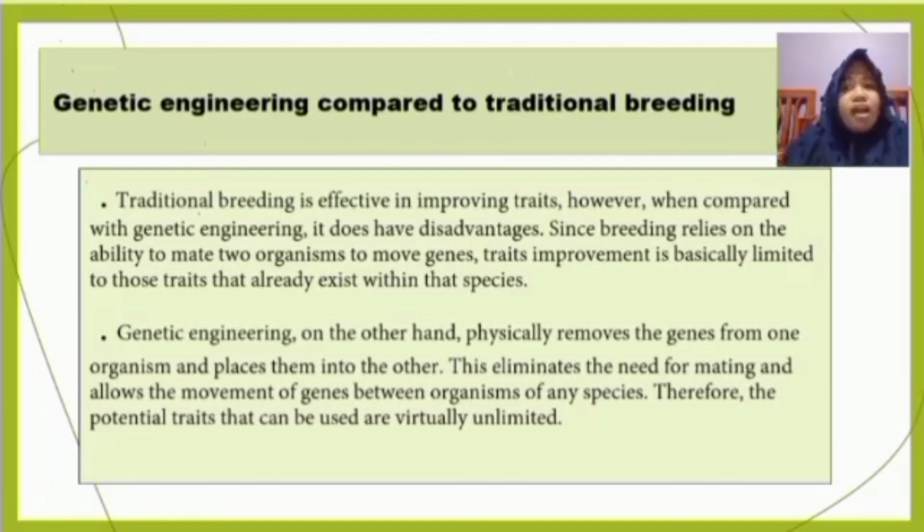Genetic engineering, on the other hand, physically removes the genes from one organism and places them into another. This eliminates the need for mating and allows the movement of genes between organisms of any species. Therefore, the potential traits that can be used are virtually unlimited.